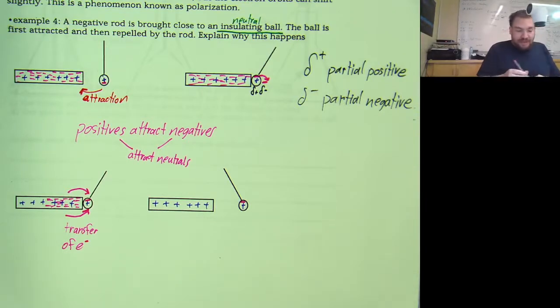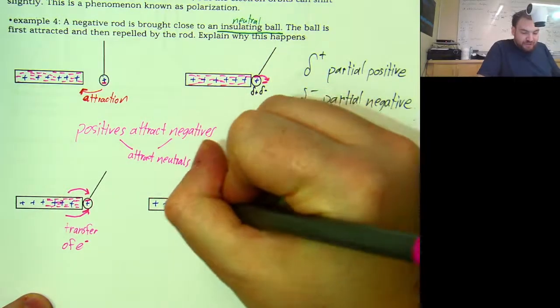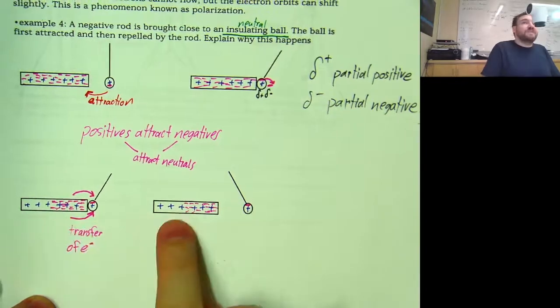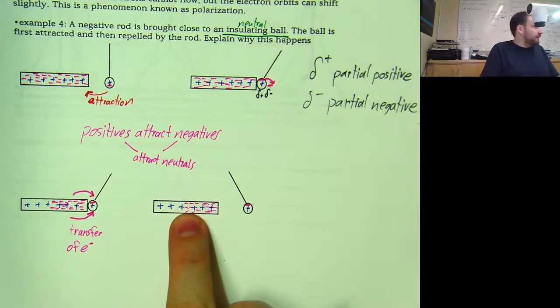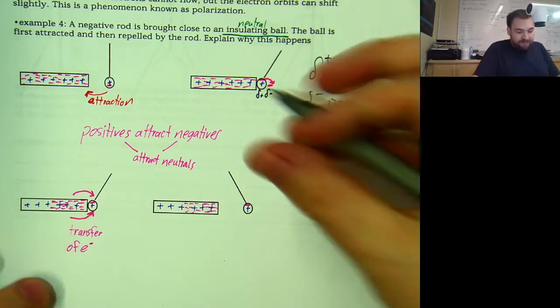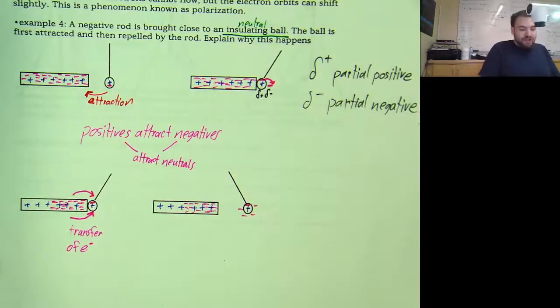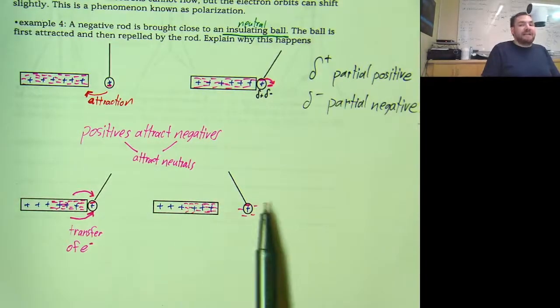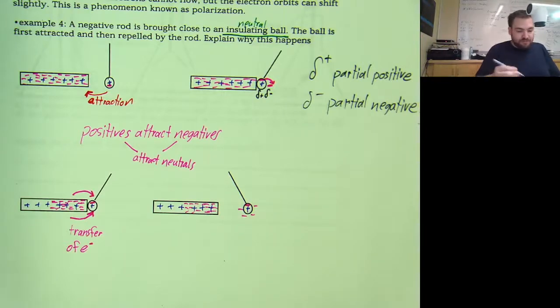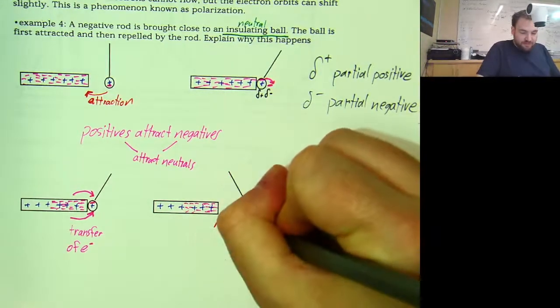Not all of them jumped, so we've still got a negatively charged rod. But because a bunch of these guys jumped over, now that insulating ball has what charge? It was neutral, now it's negative. So now we've got a negative rod and a negatively charged insulating ball. So now they repel.